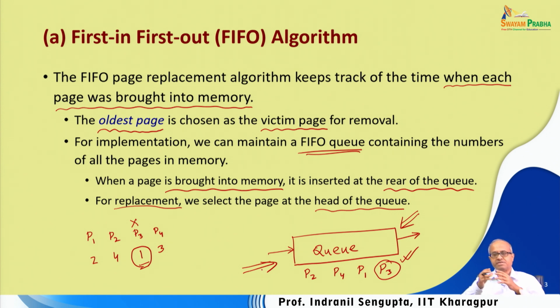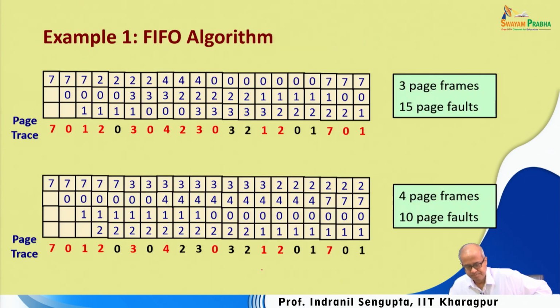But now let us take an example reference string, with some number of frames in memory, and work out how many actual page faults are occurring. This is an example we shall be working out. First, let us assume a page reference string.